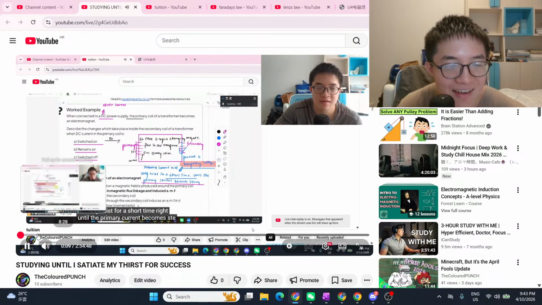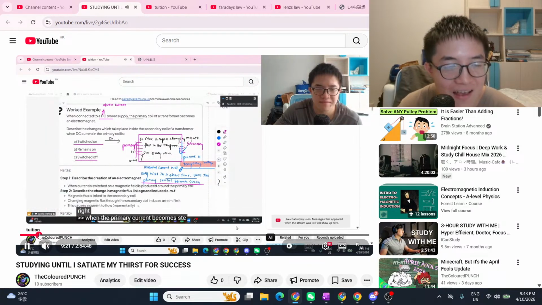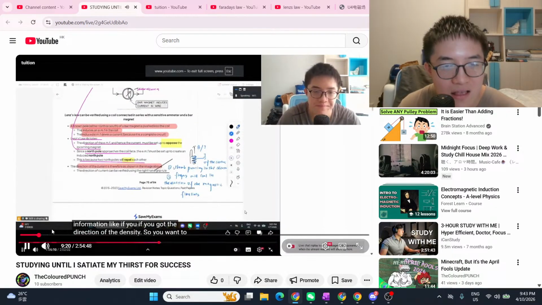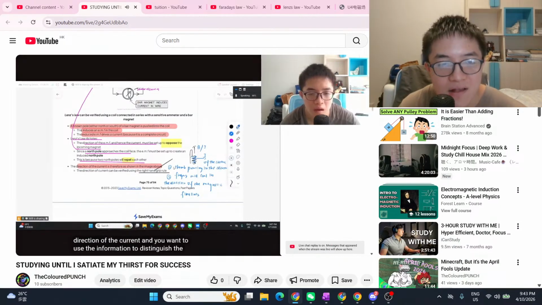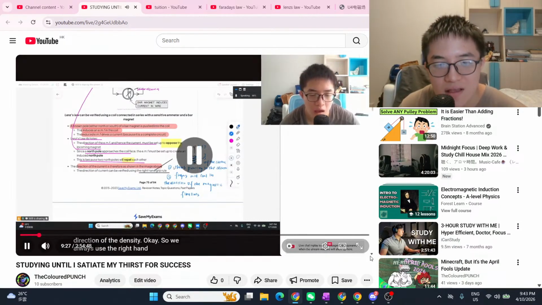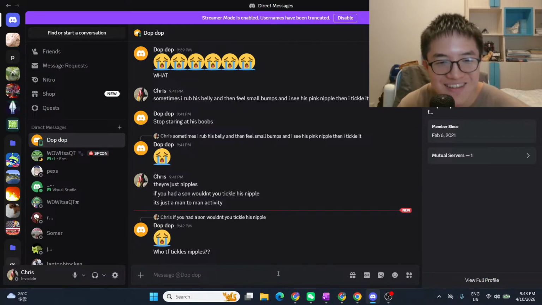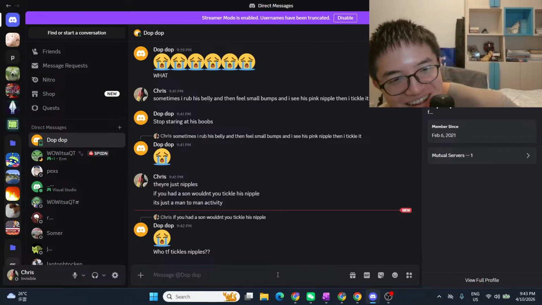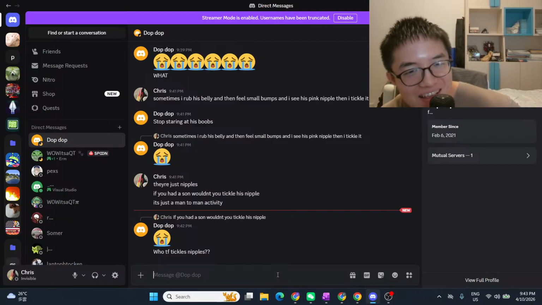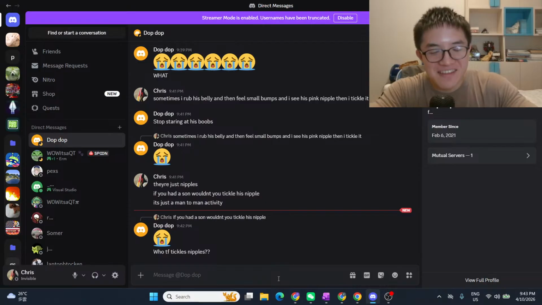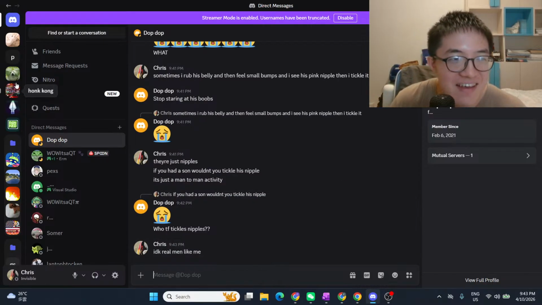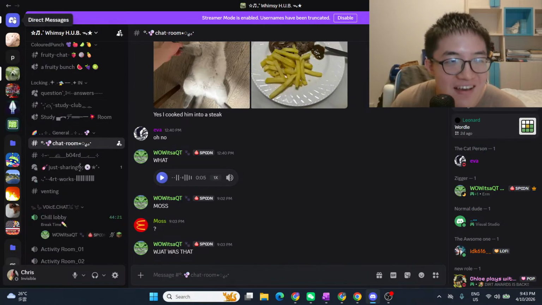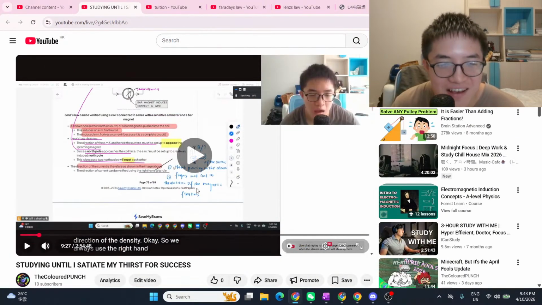Until the primary current becomes steady, right? When the primary current becomes steady, we get the direction of the field. If you want to distinguish the direction of the current, or you know the direction of the current and want to use that information to distinguish the direction of the field, we always use the right hand grip rule.